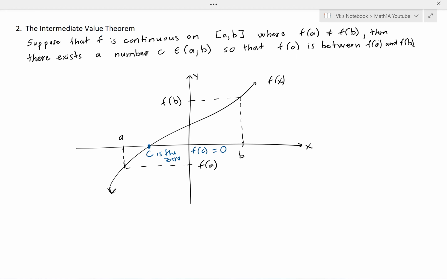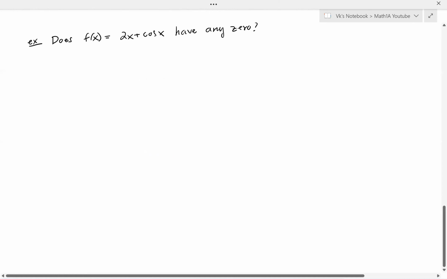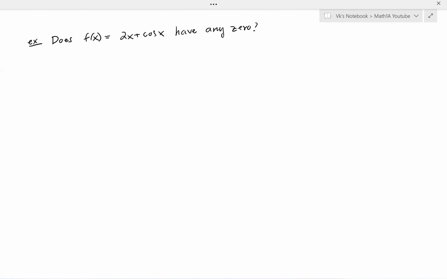Okay. Let's do an example. Example, does f(x) equal 2x plus cosine x have any 0? To find 0, we set f(x) equal to 0 and solve for x. 2x plus cosine x equal to 0.